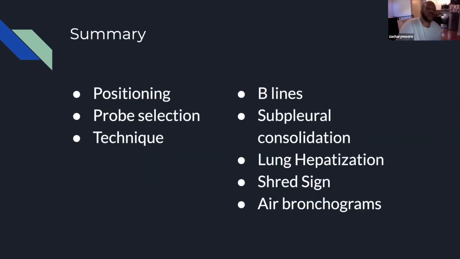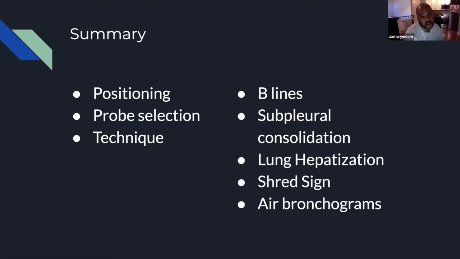So, in summary, when doing a lung ultrasound, you have to be aware of positioning. You have to make sure you choose the right probe, and you have to have proper technique. Oftentimes we just do anterior, but we should evaluate the lateral aspects and also the posterior to have a complete image of what's going on in the lungs.